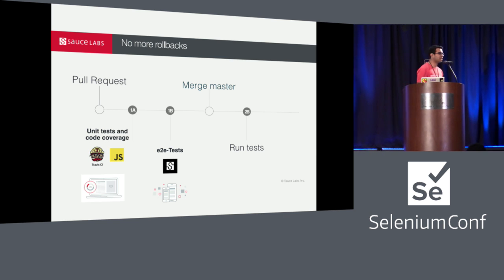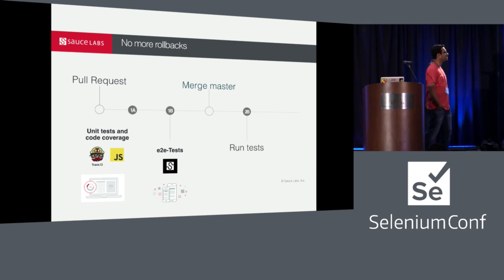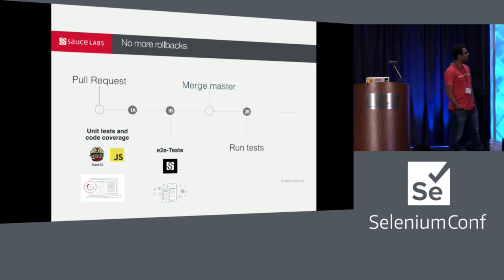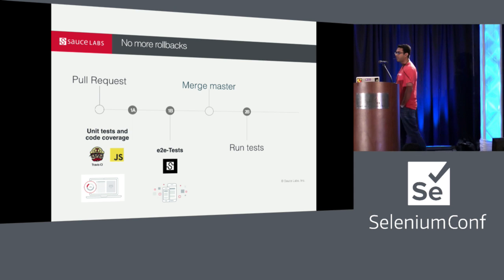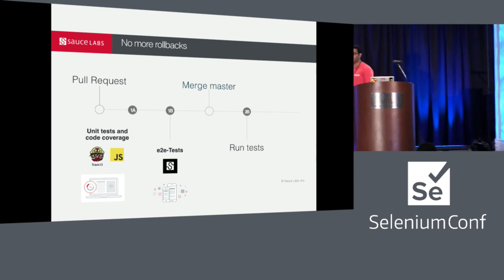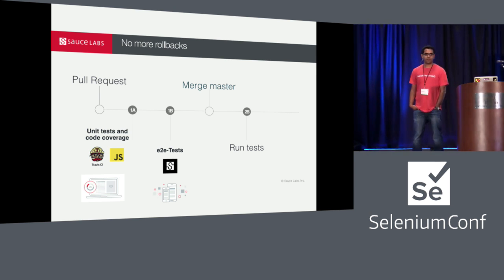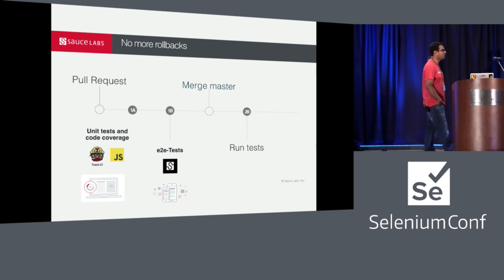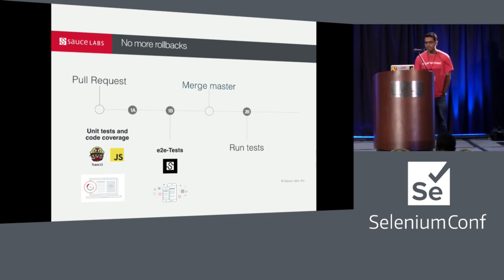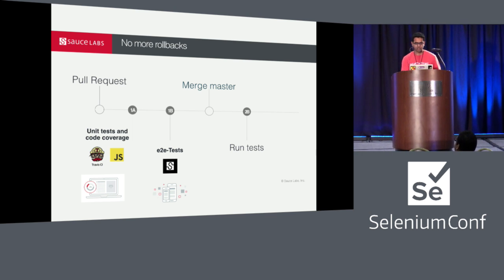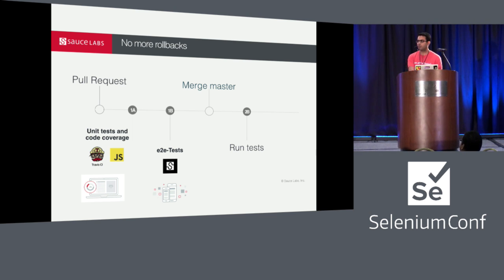And if all the tests are fine, we get all the green checks, that means that we can go forward and merge your code. So this is like being very sure that you have not introduced regression. And if you have not written the test, probably whoever is merging, the core contributor, would ask you to write tests. So there are no more rollbacks, no more revert commits. So that's the awesome part.